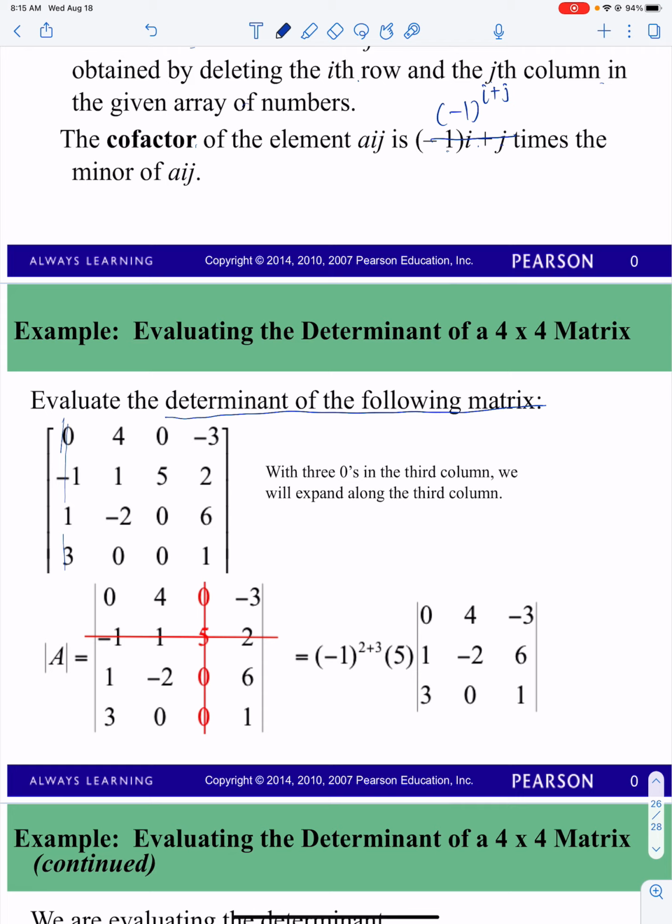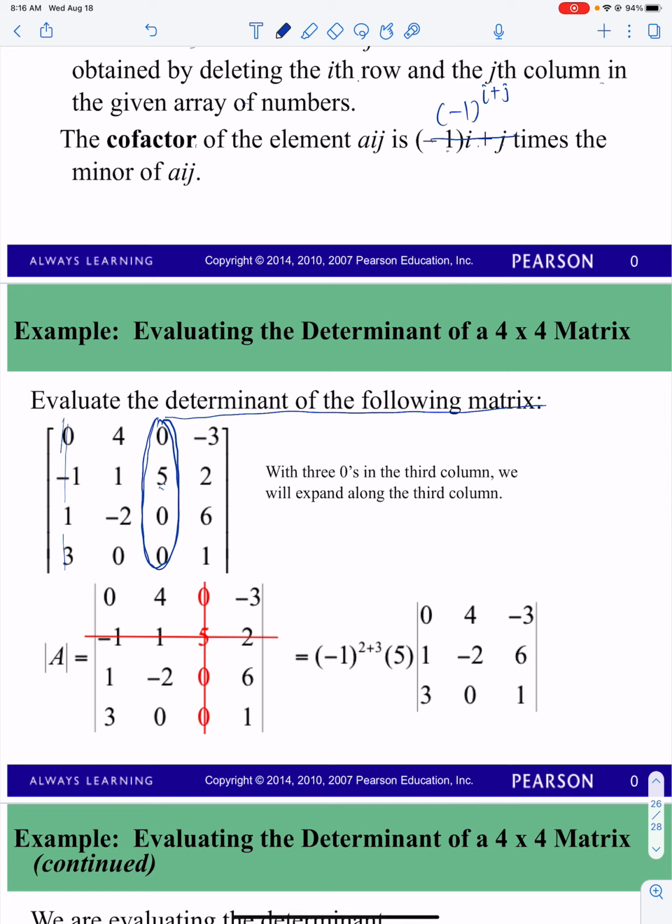You can choose any column or any row, and then do this. So which column do you think will be the easiest? This one, because you only have one non-zero number, which is 5, and all the others are 0. This is why they choose this column to start.